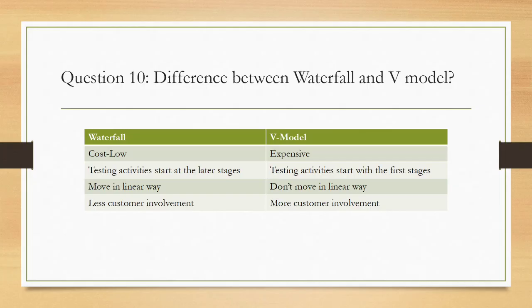Waterfall moves in a linear way, V model does not move in a linear way. Waterfall has less customer involvement, V model has more customer involvement. Like this you need to write down about the differences between waterfall and V model. These differences are nothing but general questions only.